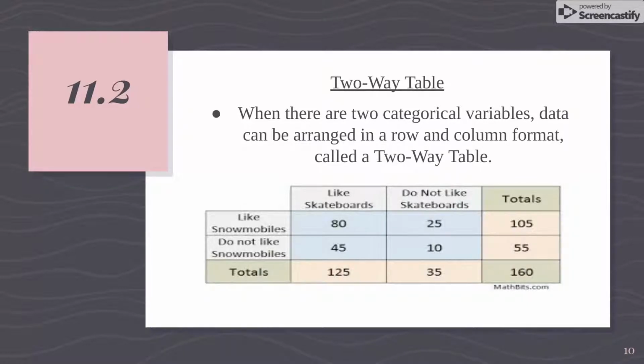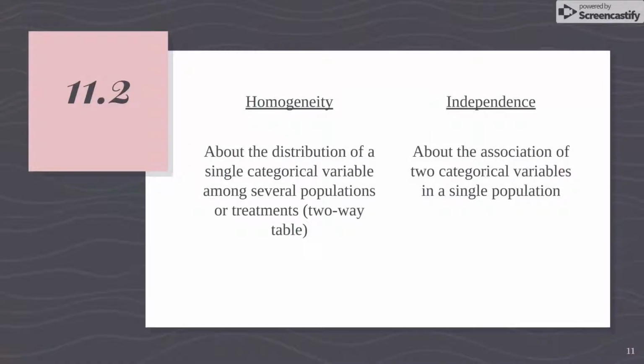This is when there are two categorical variables, and data can be arranged in a row and column format, and this is called a two-way table. For homogeneity, it is about the distribution of a single categorical variable among several populations or treatments. And then independence is about the association of two categorical variables in a single population.